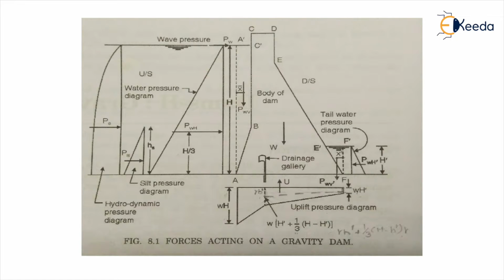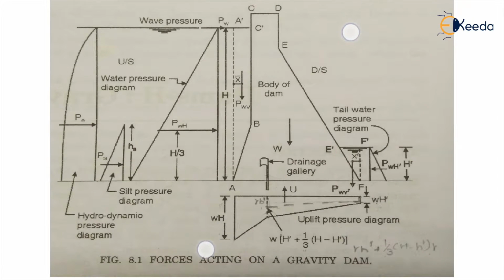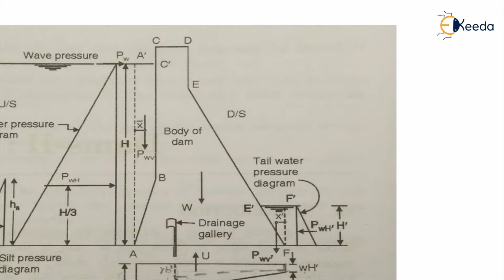This is the diagram which shows all types of forces acting on a gravity dam. Firstly, analyze the section of the dam represented by A, B, C, D, E and F. This is the cross section, the body of the dam.